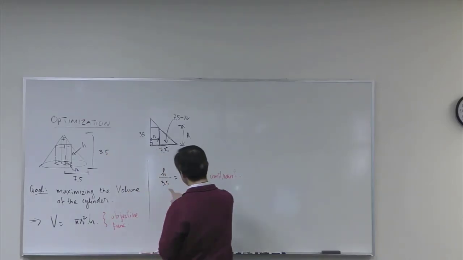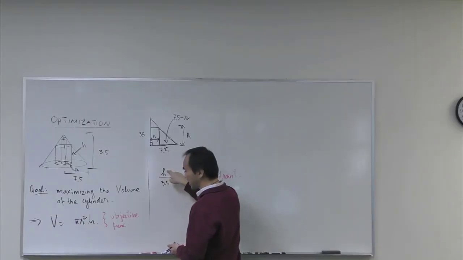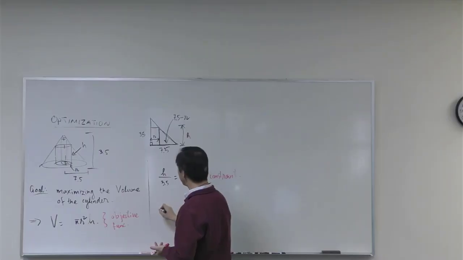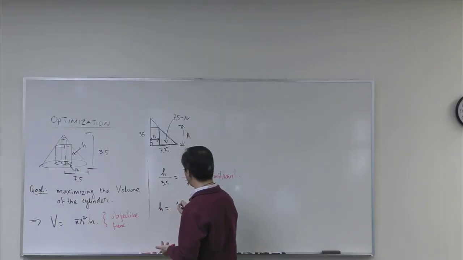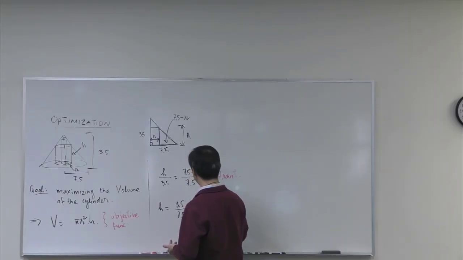So here I see it's easier to solve for h because it's already one singular h right here, right? So I'm going to multiply 3.5 to the other side. So h is 3.5 over 7.5 multiplied with 7.5 minus r.